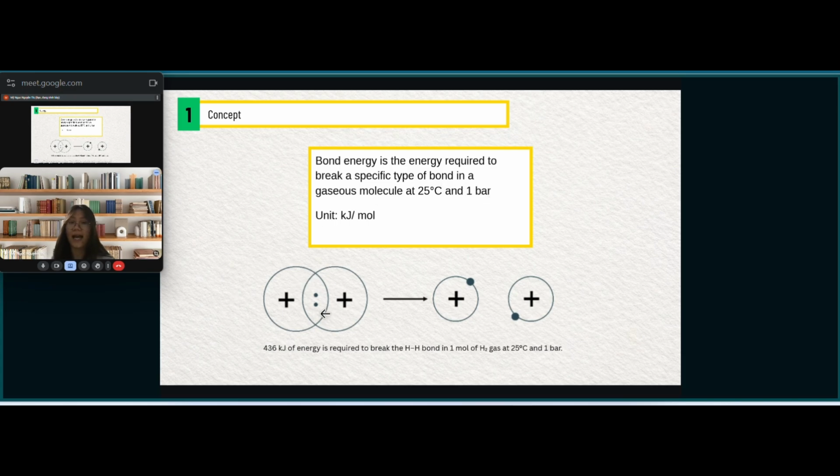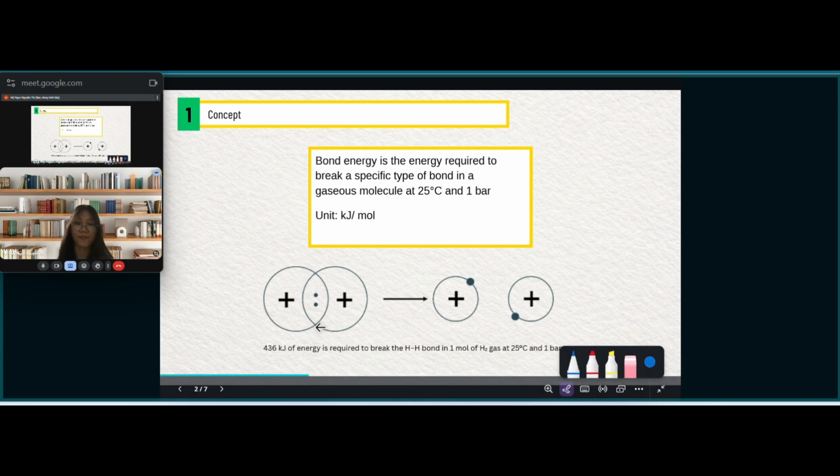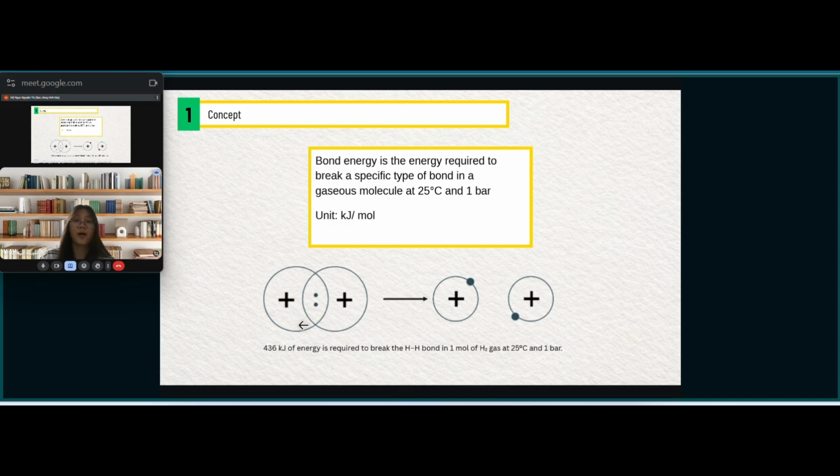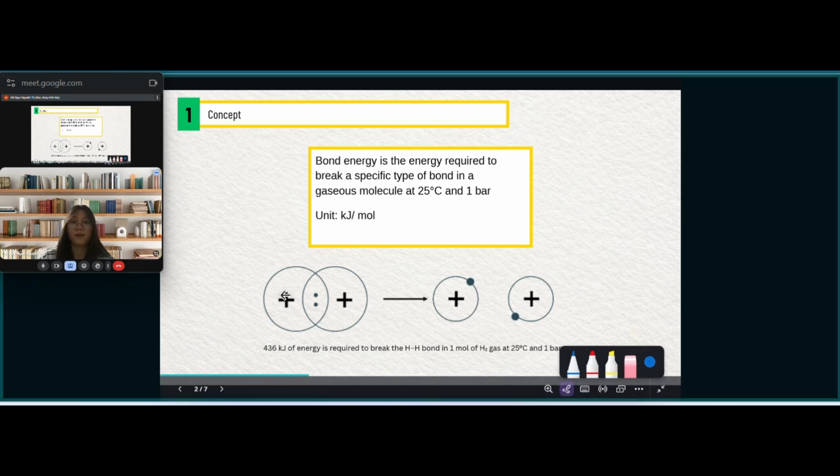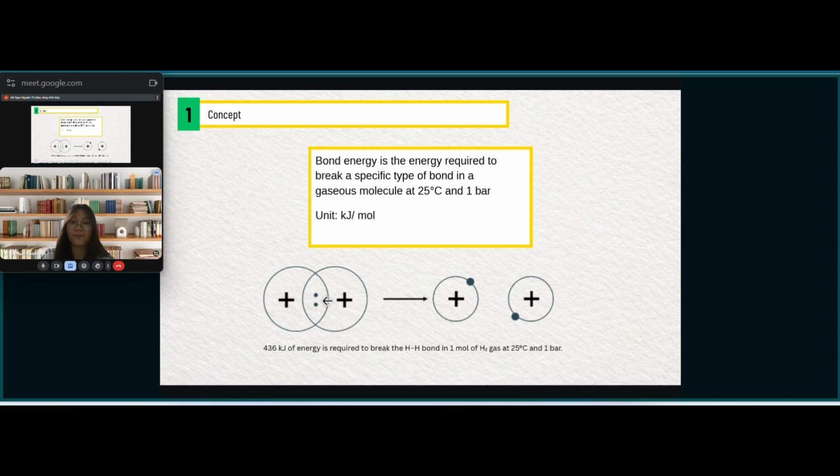I have this example here. This is two atoms forming hydrogen gas. If I want to break it down into separate atoms, I need energy to break it. I need to chop it.